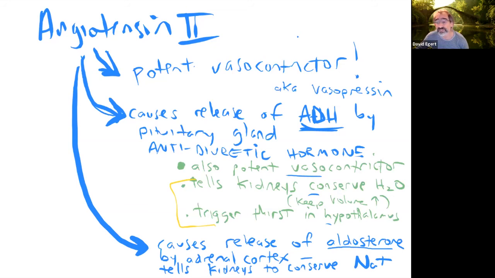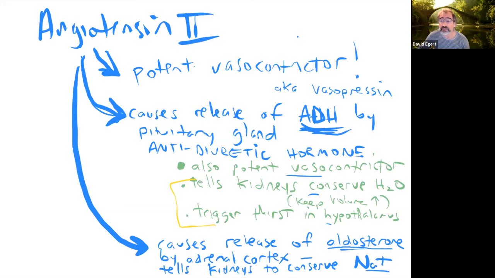Which, if you think about osmosis, if you're keeping the salt in the body, that's going to keep the water in the body, which keeps your blood volume up. So in particular, having ADH and aldosterone together kind of maximizes how much water you keep in the body. So by conserving sodium, this will help increase the amount of water we keep in the body, particularly when we have ADH going on.